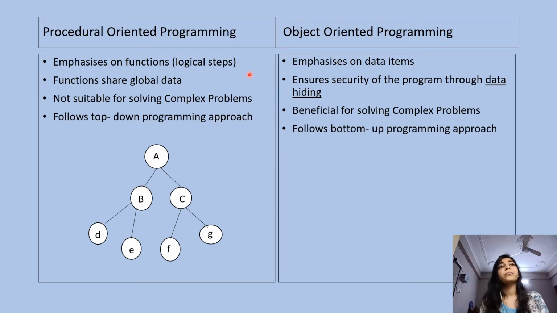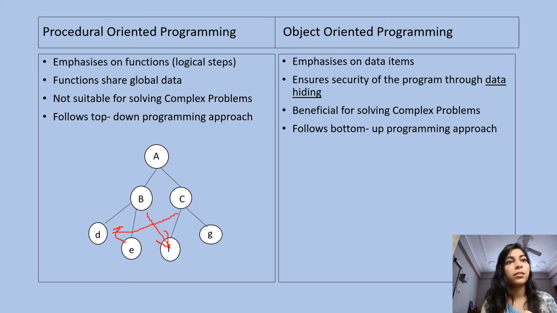Now, as we know, object oriented programming does not allow free flow of data from one function to another. In procedural oriented programming there was flow of data between, say, B and F, and D and C. There can or cannot be flow of data, it was like that, right?